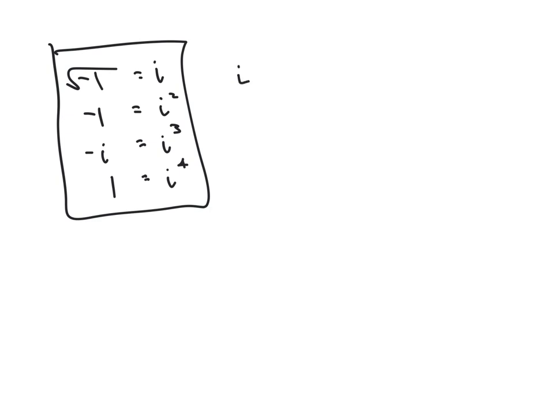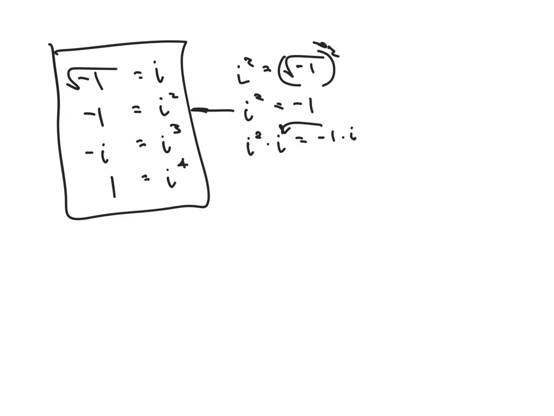So if i equals the square root of -1, and I square both sides, the radical and the exponent go away, and we're left with -1. So that's where they get this one. i cubed is -i because i cubed is i squared times i, right? i squared is -1, and -1 times i is -i.